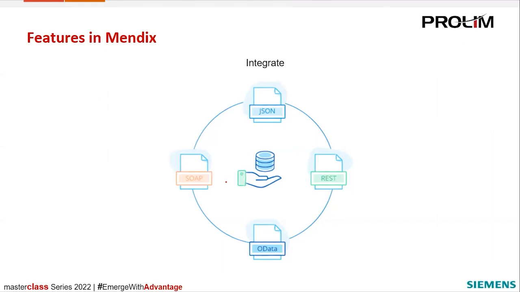We can use REST API, database connectivity such as Oracle, SQL, etc. We can also connect to IoT, where any sensor is there, we can retrieve the data from there and manipulate it in Mendix. That is what integration does in Mendix.